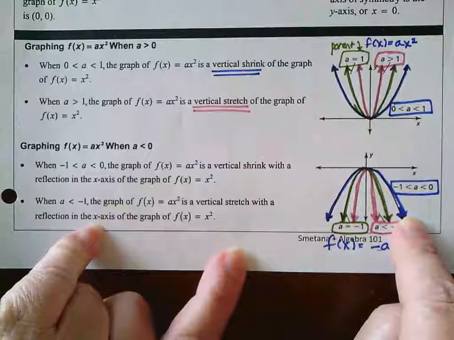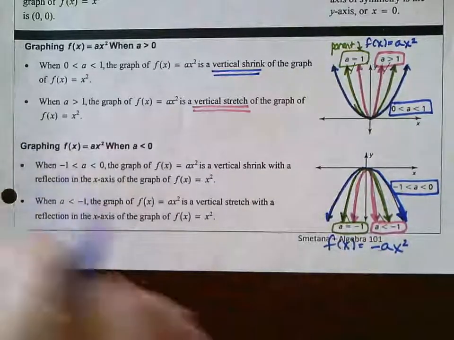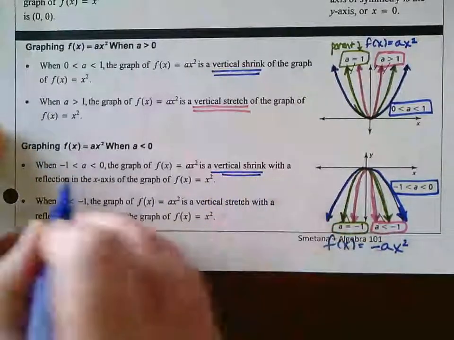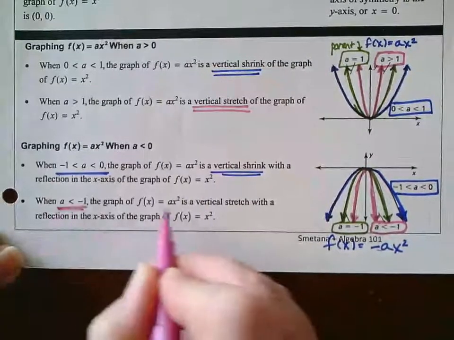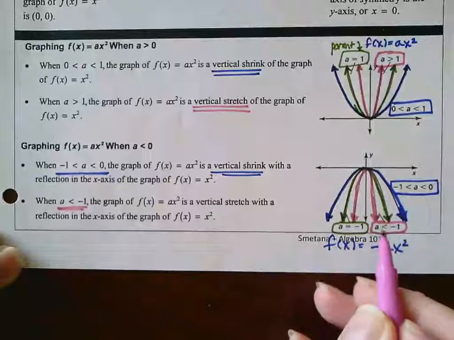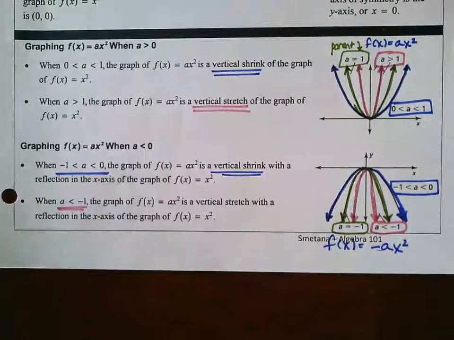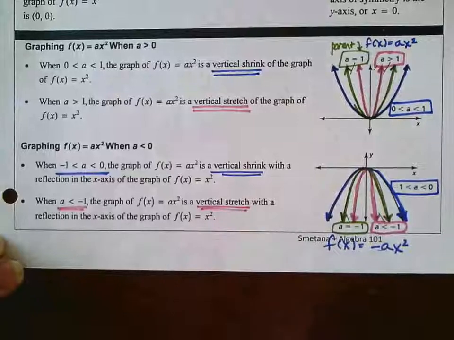You still have a vertical shrink and a vertical stretch. So your vertical shrink and your vertical stretch, which I think I made in pink. So when you have your vertical stretch, the number is less than -1, so it'd be like -5, -10, -100, whatever, just less than -1.